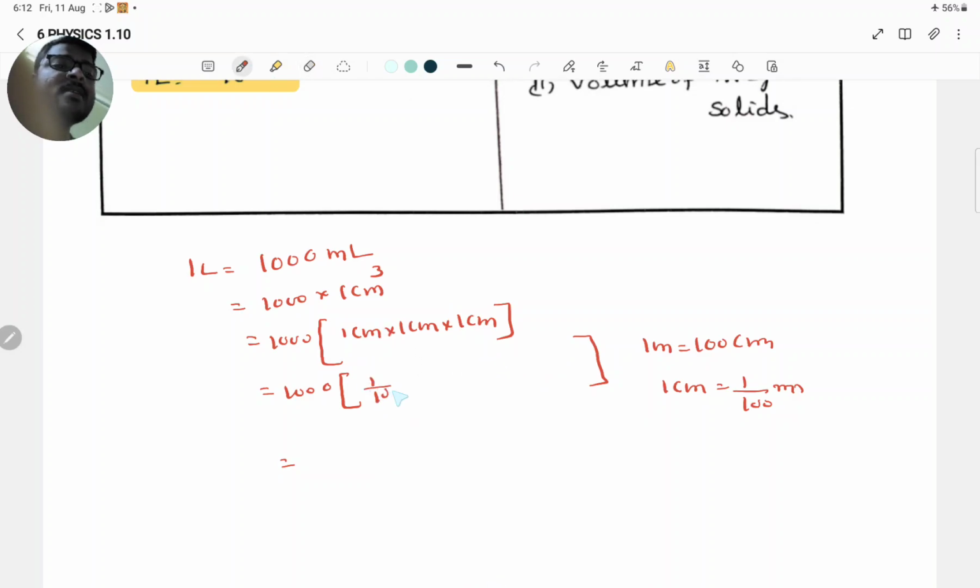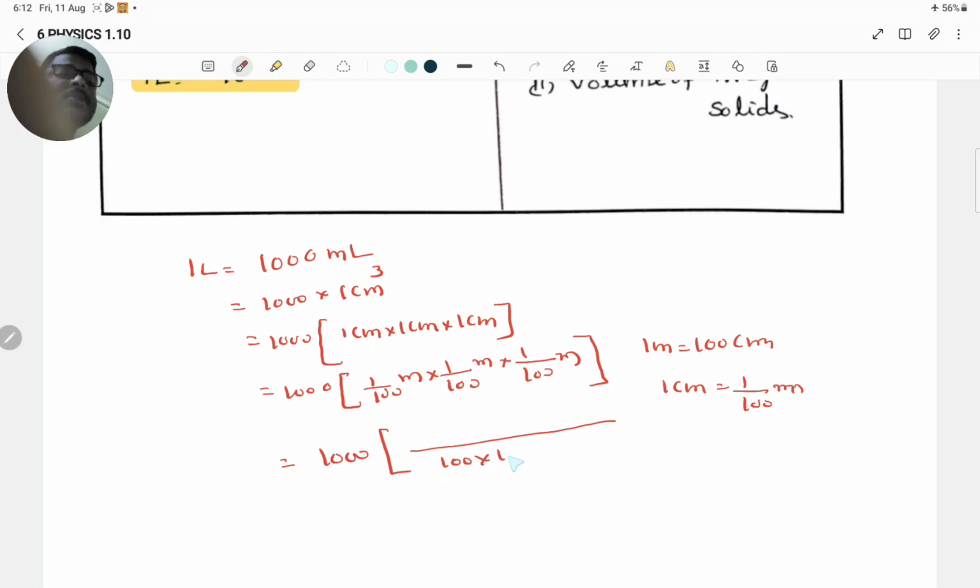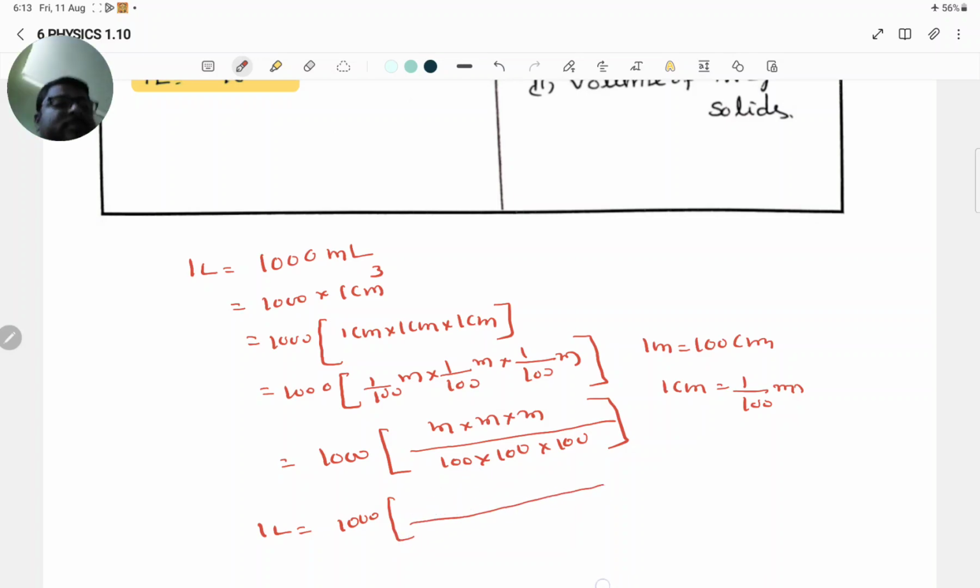Writing very clearly: 1 by 100 meter into 1 by 100 meter into 1 by 100 meter. 1000 as it is; in the denominator 100 into 100 into 100, and in the numerator meter cube. So 1 liter is equal to 1000 as it is, and in the denominator 10 to the power of 6, because 100 into 100 into 100 is 10 lakhs.